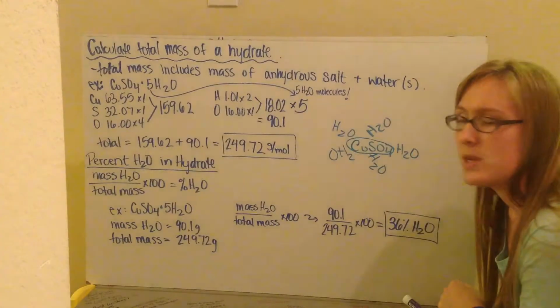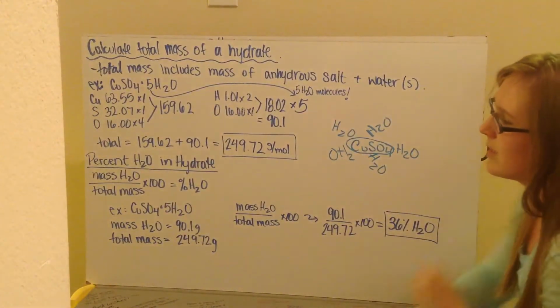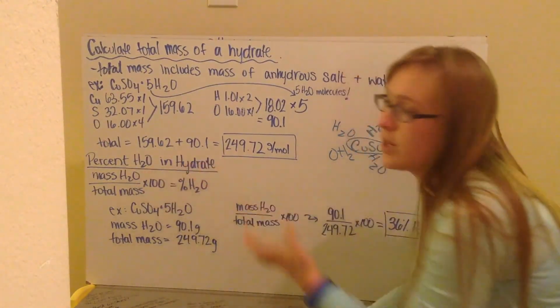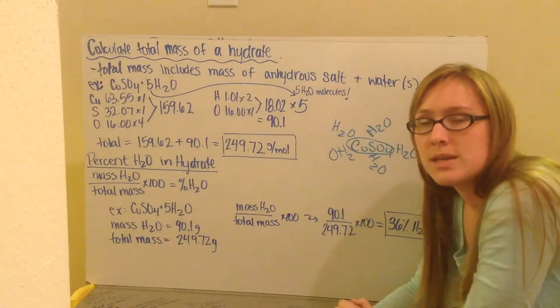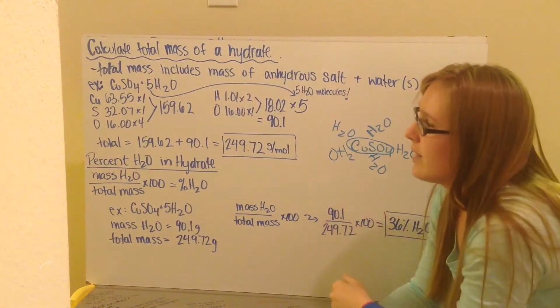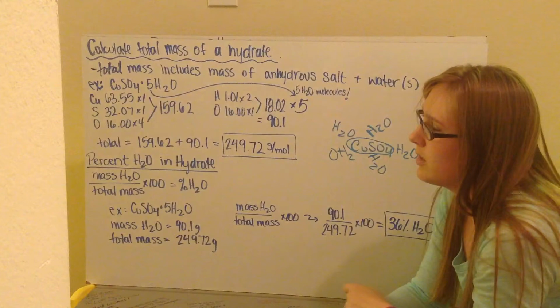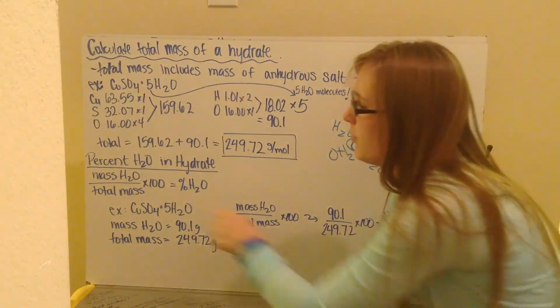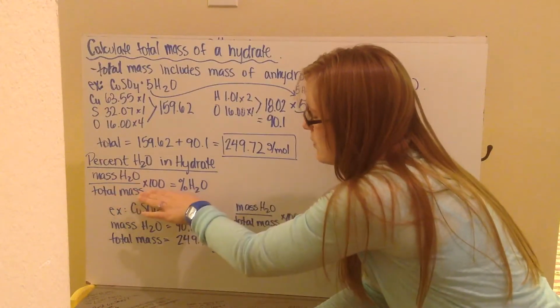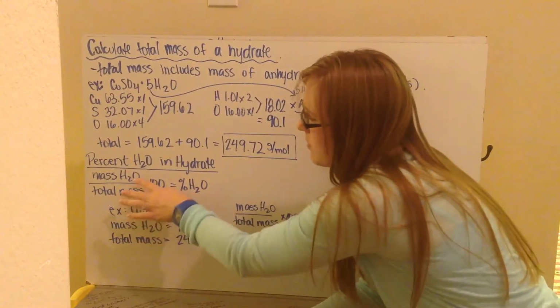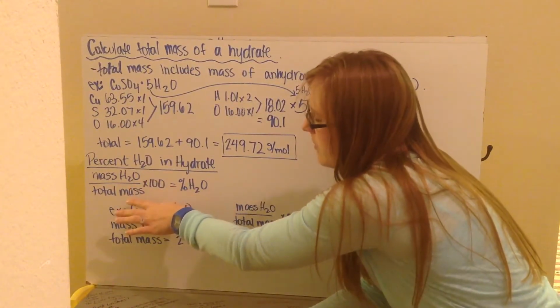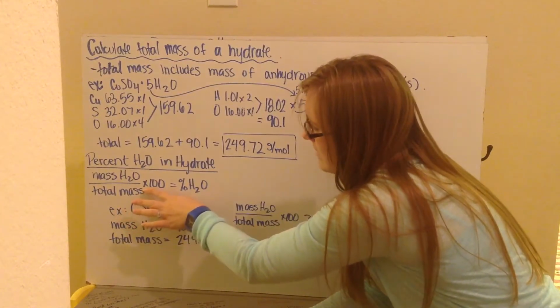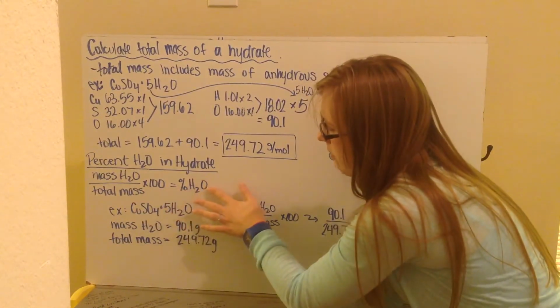Another thing that we can do with our hydrates is calculate the percent of water in a hydrate. Just like I could calculate my percent composition of sulfur in copper 2 sulfate, I can calculate the percent of water inside of my hydrate. Just like percents before, it's part over whole times 100. My part is my water, my whole is my total mass, times 100 gives me my percent of water.